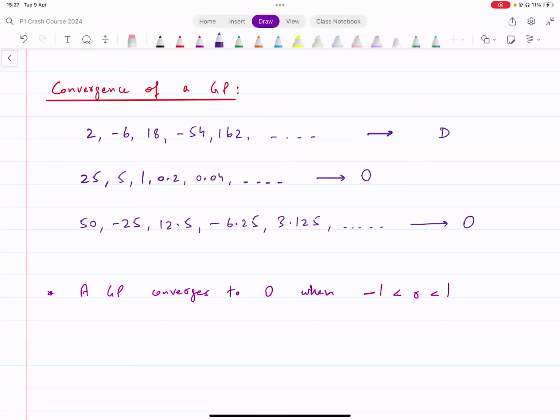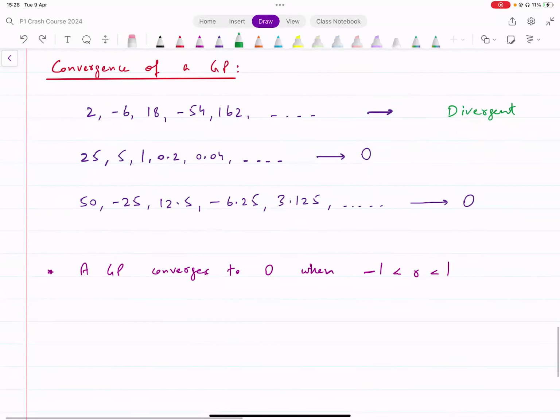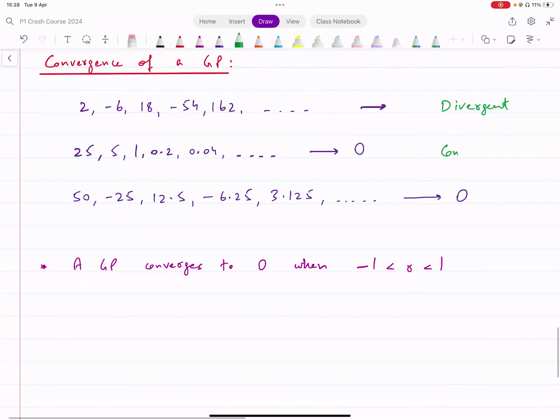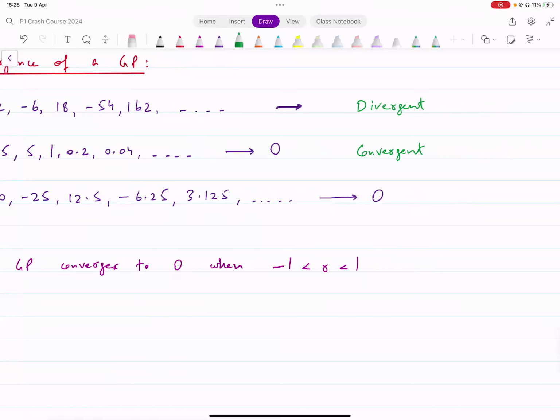So the first sequence that you can see on the screen now, we would say this is a divergent sequence. That terminology is not that important because you mostly need to know about convergence. But the opposite of convergent is divergent. The first one is a divergent sequence. The second one is a convergent sequence. It converges to 0. The third one as well is a convergent sequence. It converges to 0.